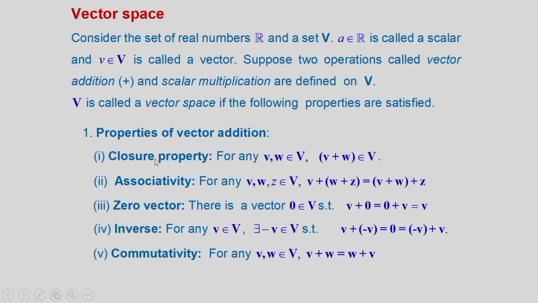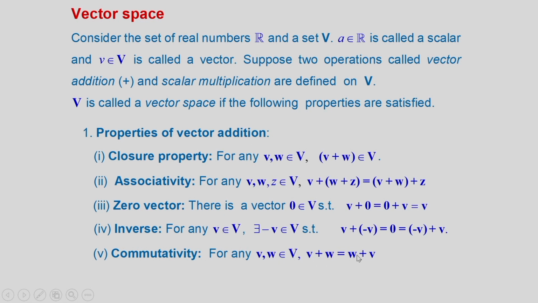And V also has an additive inverse. For each V belonging to V, there exists a minus V, the negative of the vector, such that V plus minus V is equal to 0. And finally, vector addition is commutative. What does it mean?